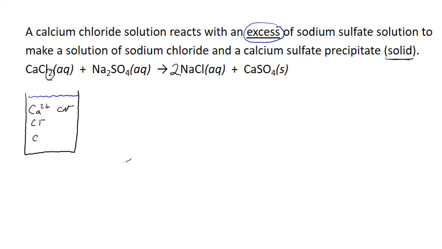I'm going to put another one in here too, calcium 2+, and 2 more chlorides. I'm going to draw another container with the sodium sulfate. And in this particular solution, there'd be 2 sodium ions for every 1 sulfate. I'm going to draw 3 of these total.